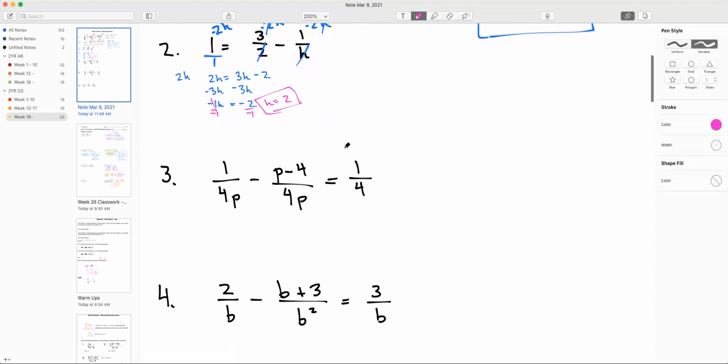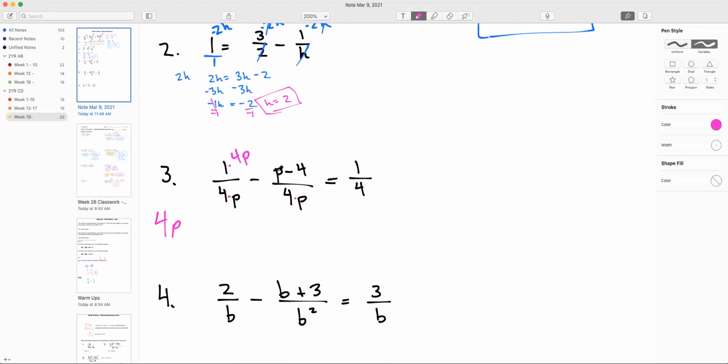Okay, now number 3. Same process. Look at all the denominators first, 4p, 4p, and 4. So our unique factors are 4 and p. That's all we have for unique factors. So our denominator will be 4p that we're going to cancel out. That is the number we're going to multiply on the top of every fraction.